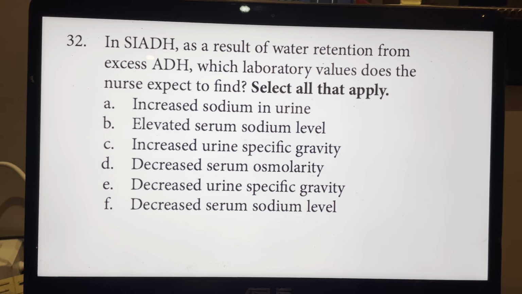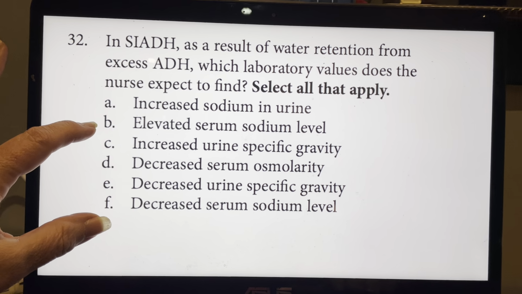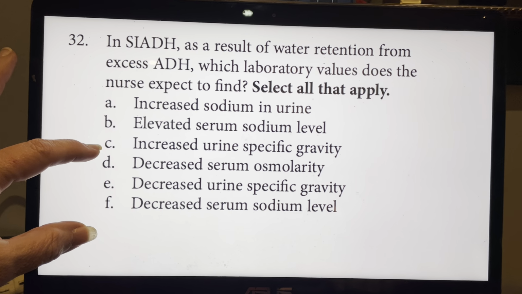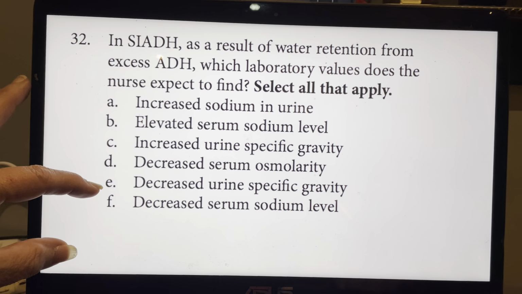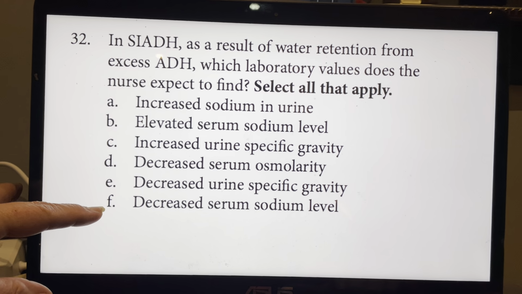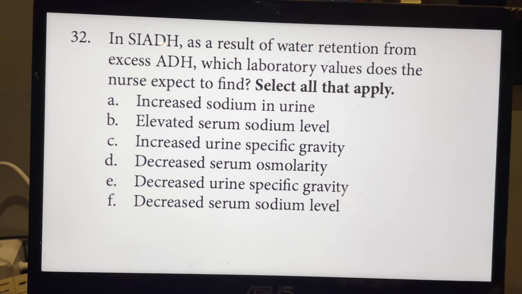In SIADH, as a result of water retention from excess ADH, which lab value does the nurse expect to find? Select them all. SIADH. He's holding it. Increased sodium in the urine, elevated serum sodium level, increased urine specific gravity, decreased serum osmolality, decreased urine specific gravity, or decreased serum sodium. Okay, think about it. He's holding all his water on board, so everything's going to look like it's diluted.